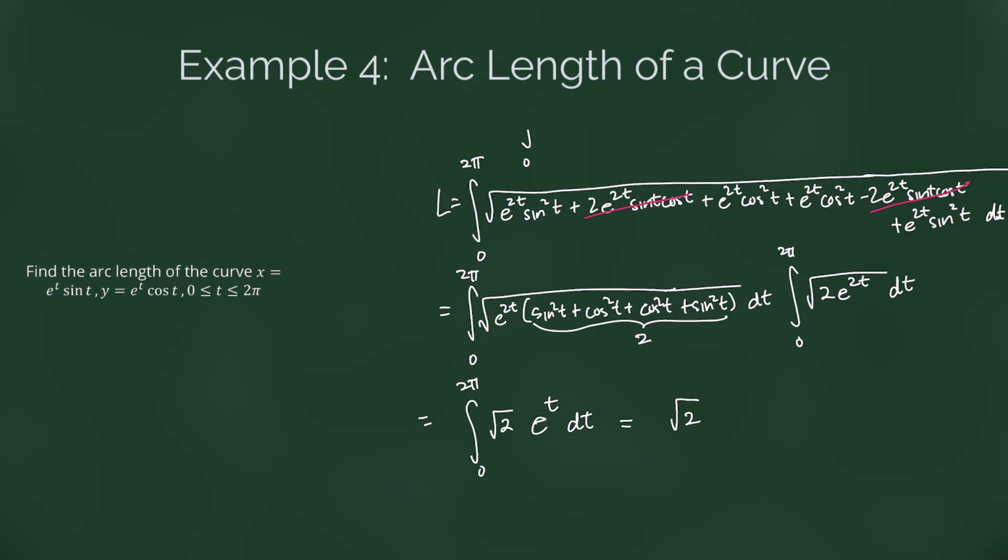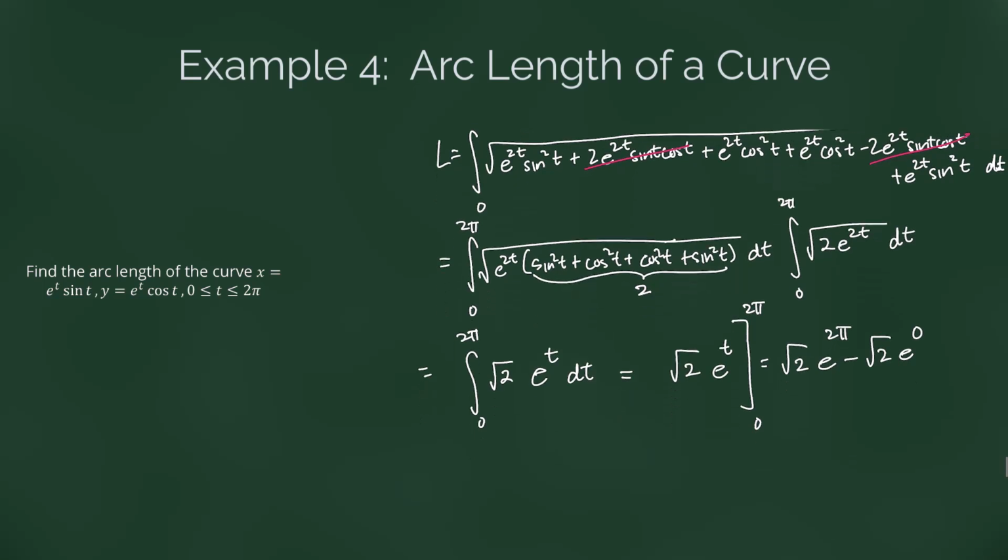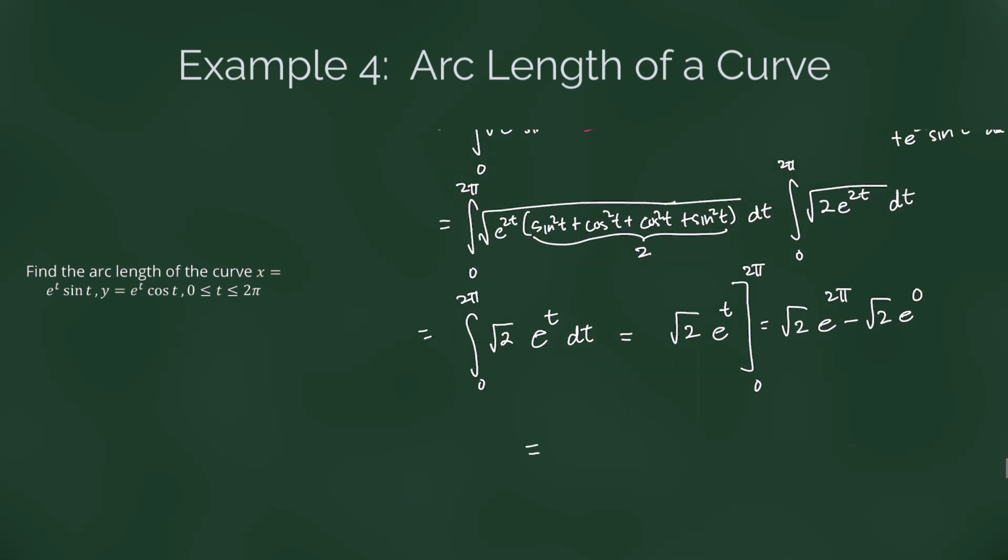Taking an antiderivative, we get square root of 2 e to the t evaluated from 0 to 2 pi. So that is the square root of 2 times e to the 2 pi minus the square root of 2 times e to the 0. And so we end up with the square root of 2 times e to the 2 pi minus 1.